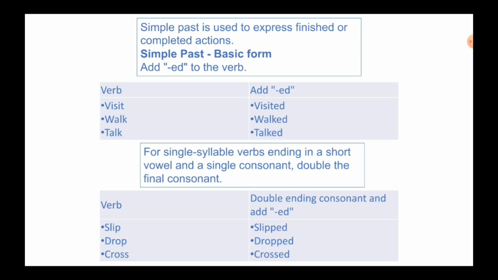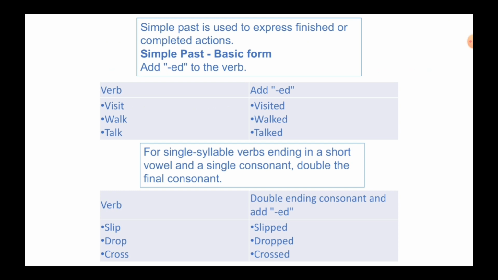Next tense, simple past is used to express finished or completed actions. Simple past, basic form: add ED to the verb. For example, visit, visited, walk, walked, talk, talked. For single syllable verbs ending in a short vowel and a single consonant, double the final consonant.